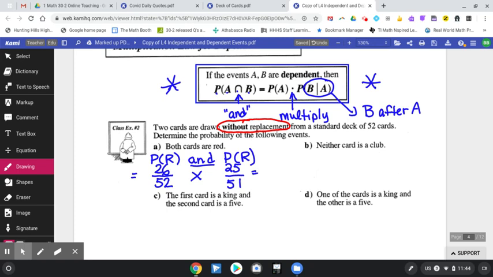I'm going to multiply these in my calculator because then it will simplify the fraction for me at the same time. And I get 25 out of 102. So theoretically, if I tried this experiment 102 times, I would be successful 25 of those times.